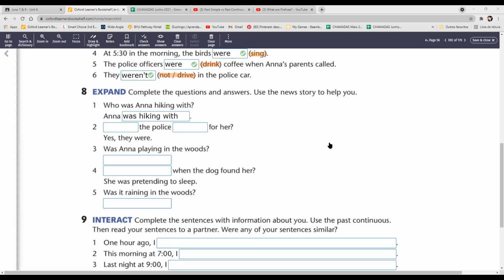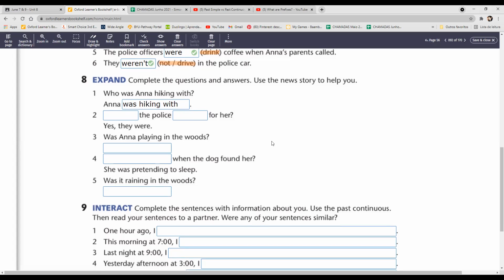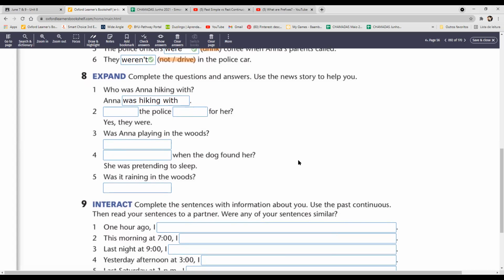Okay, guys, finished. Yes, let's see the answers. Let's check it out. What did you put here for number 2?